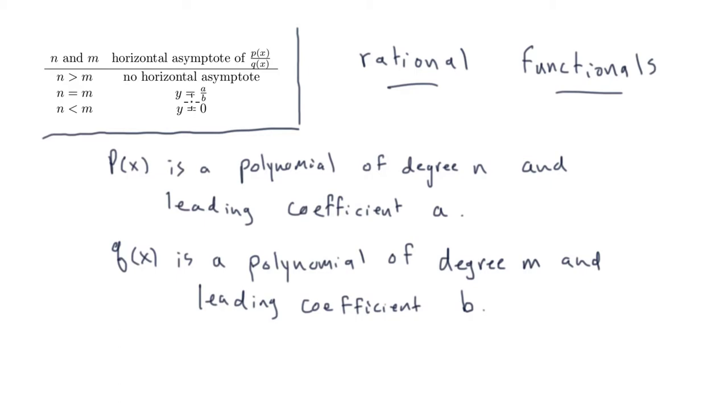And we'll see how to do that in a few examples, but this is just a reminder that we do have this rule from precalculus that tells us how to find the end behavior of a rational function. So I want to talk about one more special case with rational functions.